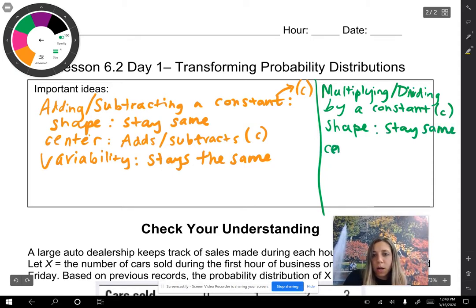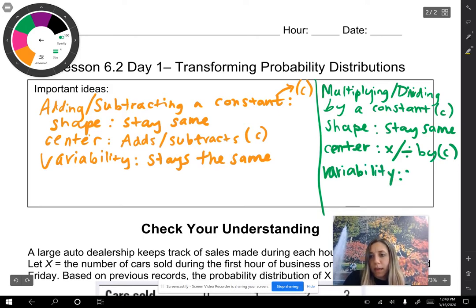Your center multiplies or divides by your constant, and your variability does the same thing. You're going to multiply or divide by that constant.